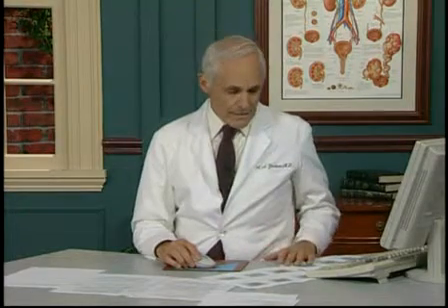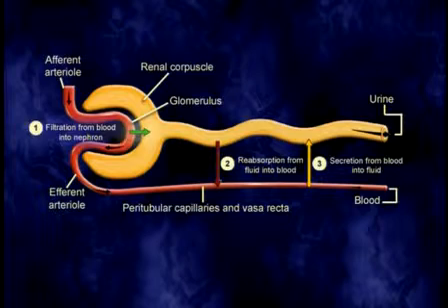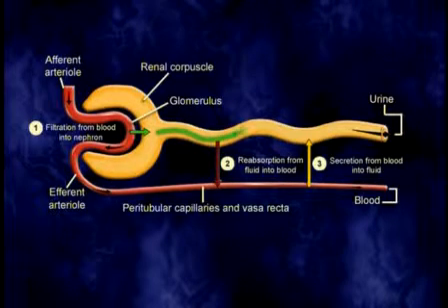And all the rest of this system is going to be dedicated to getting back what we lost at this point. When we get liquid forced across here to the lumen of the convoluted tubule, it should be completely free of protein. It may have glucose in it at that point, but we're going to get that back.